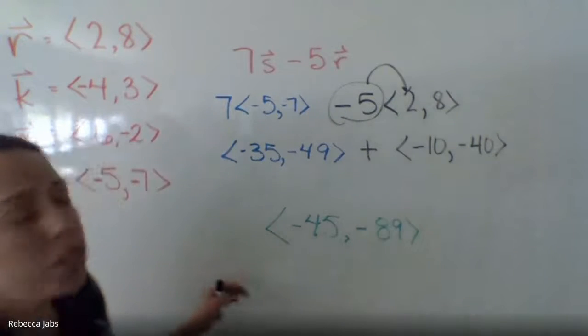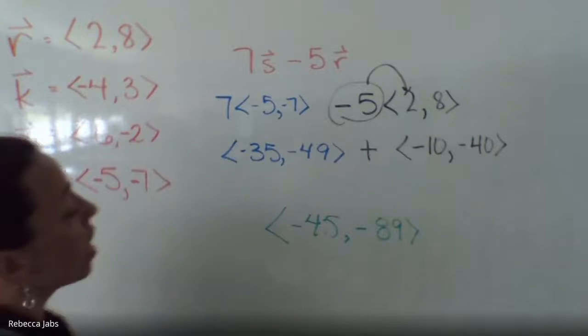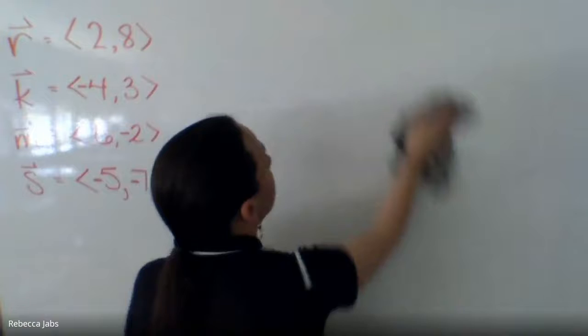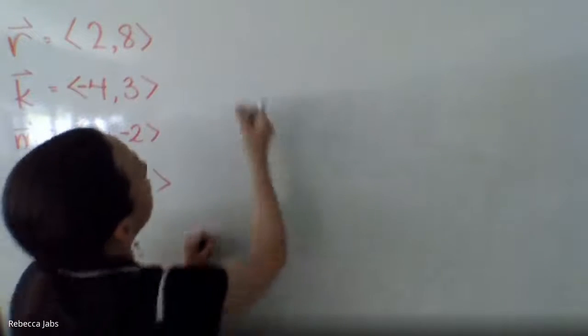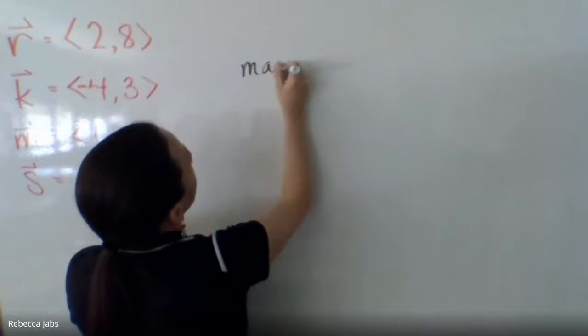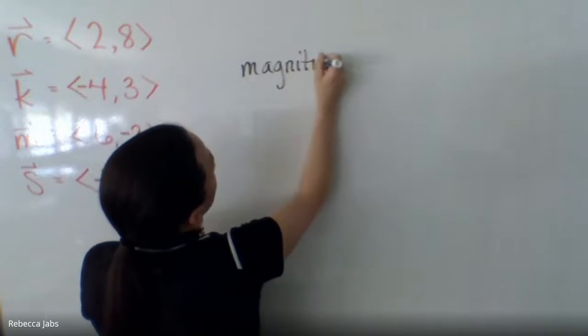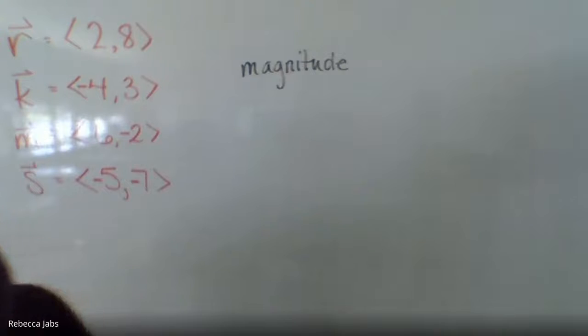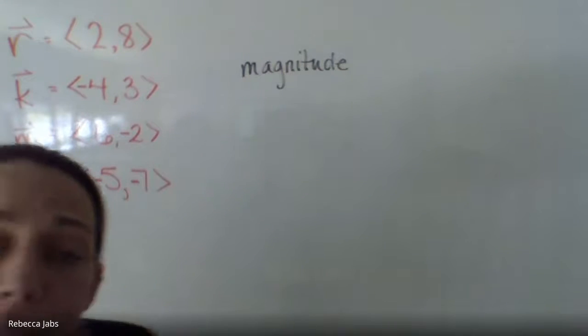Another thing I would like to do with these right here, please write this down in your notes as well. It is a very, very fancy word. It is the word magnitude, okay? When we have a vector, we can find the magnitude of it.